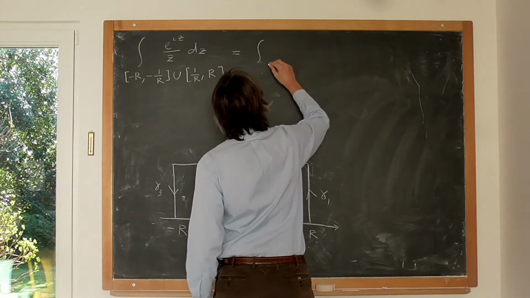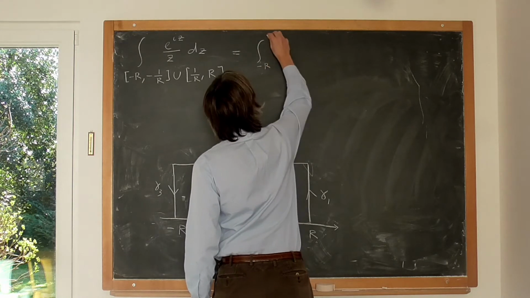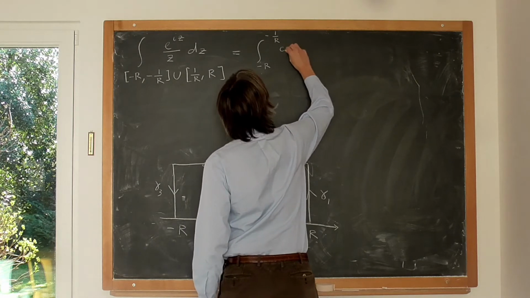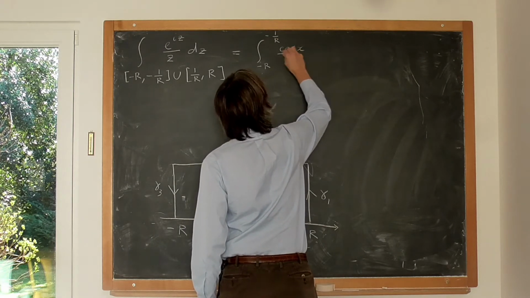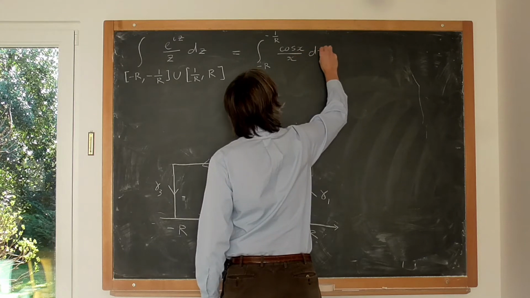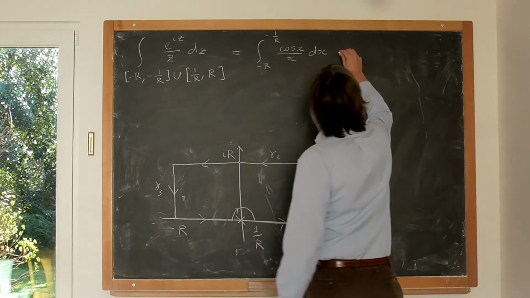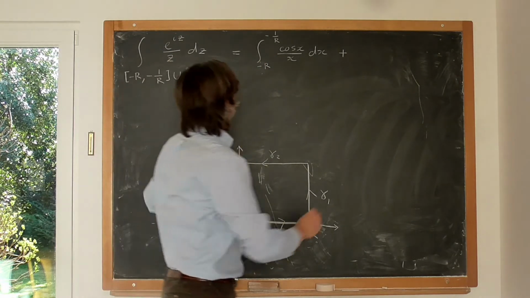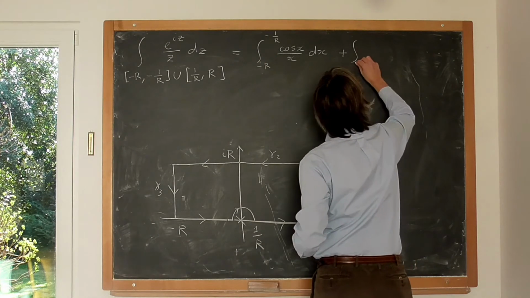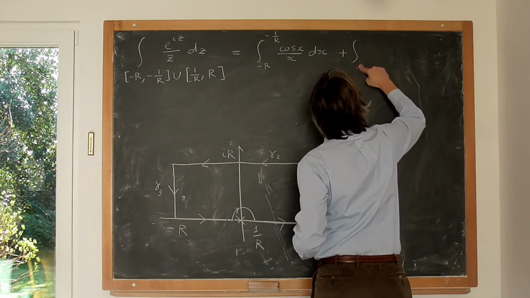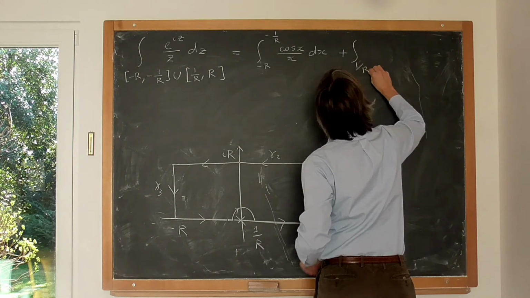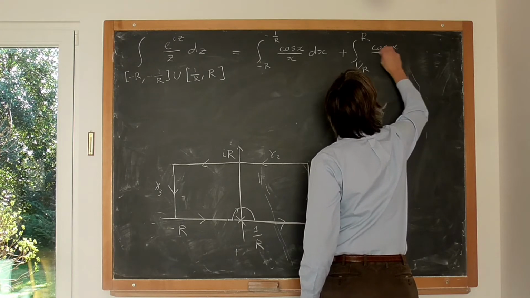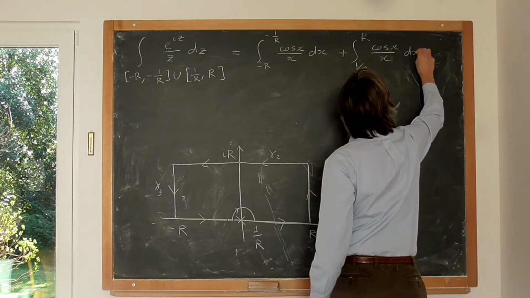We will have the integral from minus r to minus 1 over r of cosine x divided by x dx, and then the integral of the same function on this interval, from 1 over r to r of cosine x divided by x.